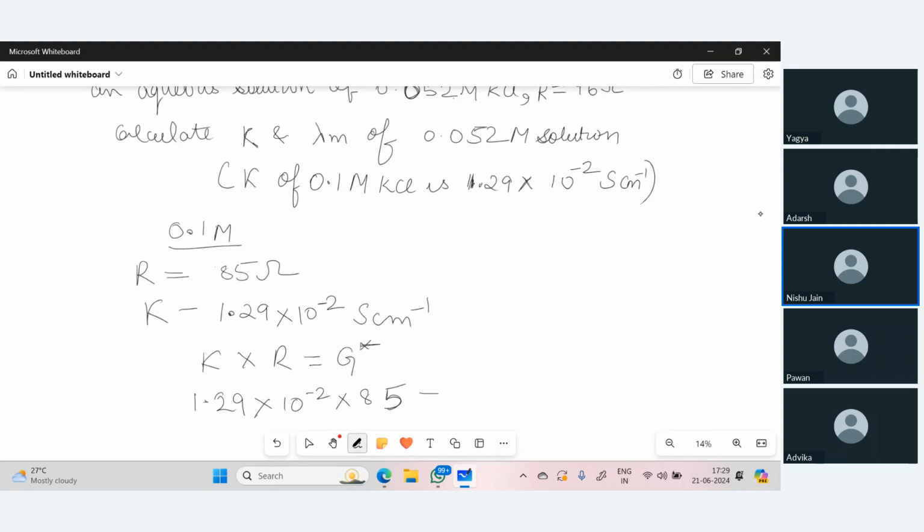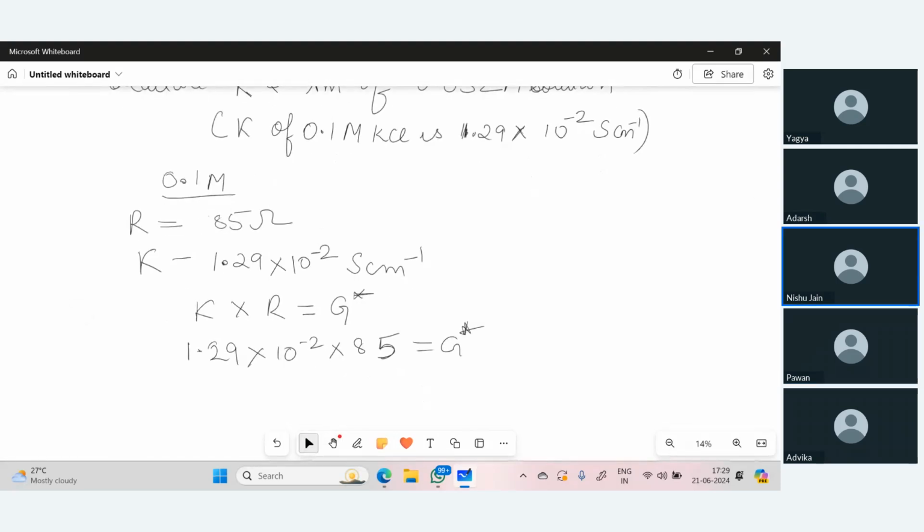And you can find G star. G star comes as 110.5 into 10 to the power minus 2. I rounded 1.29 off to 1.3, but it's coming 1.0965, so that is the exact value. So 1.09 you can take, centimeter inverse.